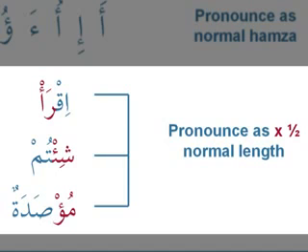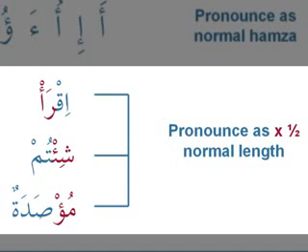So in all these three cases, we've got a sound followed by Hamza with sakin. Okay, and we've done three examples, one with a fatha, one with a kasra, and one with a dhamma. Now in the case you have a sound, and it will normally be a short vowel, so i.e. the fatha, kasra or dhamma, and it's followed by a Hamza with a sukun, i.e. sakin, you effectively pronounce the sound of the short vowel at half the normal length.